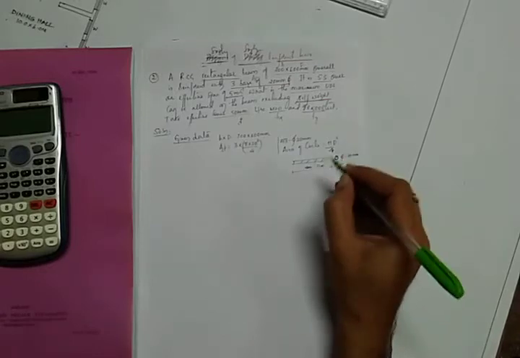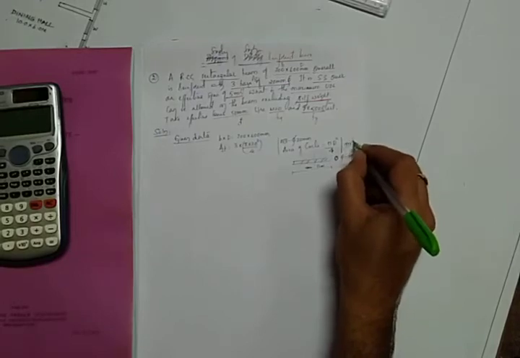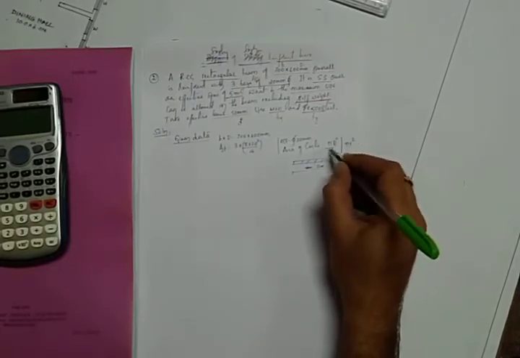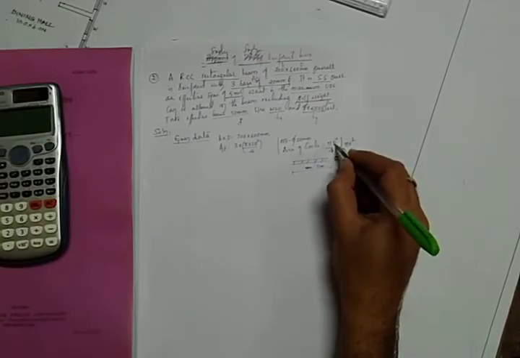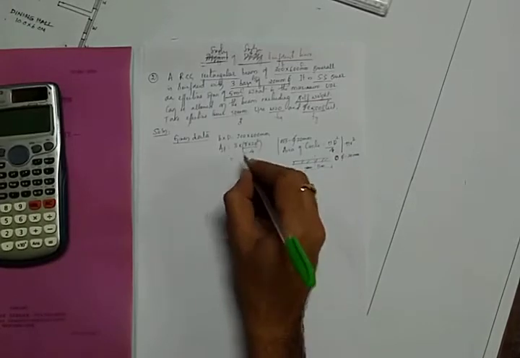So area of circle is pi d square divided by 4 or pi r square. If you substitute r is equal to d by 2, then it will be the same, pi d square by 4. D is known, that is 20. Substitute here and it can be calculated directly.